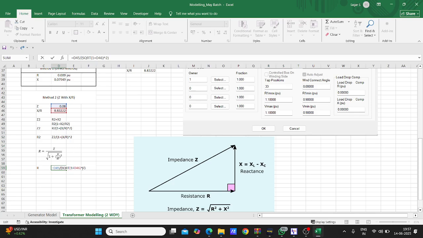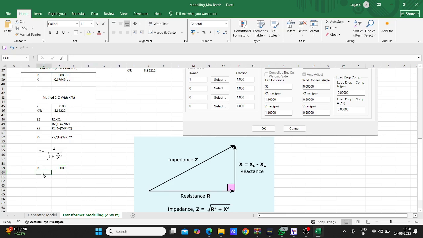Yeah, 1 plus, sorry, I did it wrong. X by R only is squared, right? I did the bracket wrongly. 1 plus X by R the whole square. Okay, yes. So now I can exactly match the value, right?